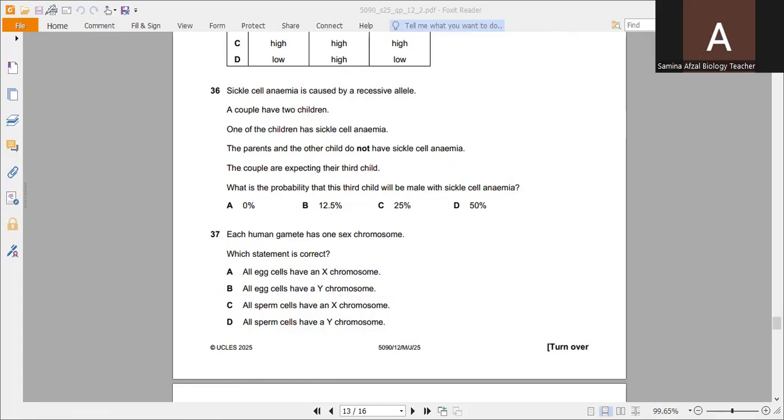First of all, the parents will be carriers.